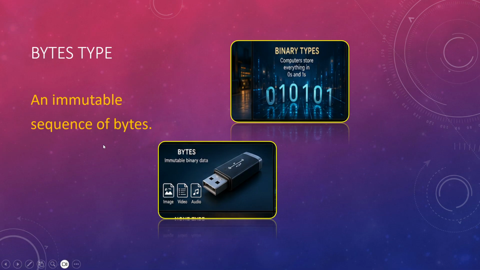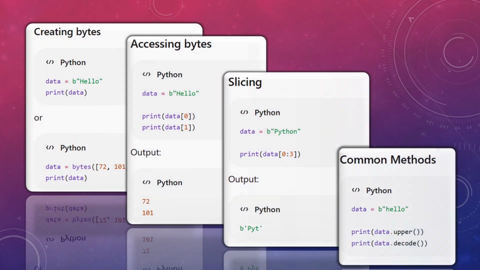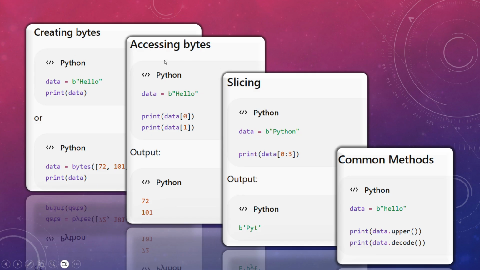You cannot edit or change it. Hence the operations on this would be: you can create it, you can access it, you can slice it, but you cannot edit it. Nowhere you see there is any code for editing it right here.